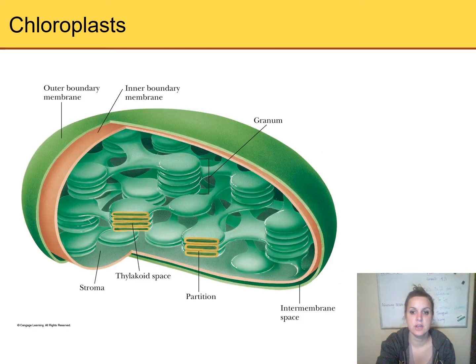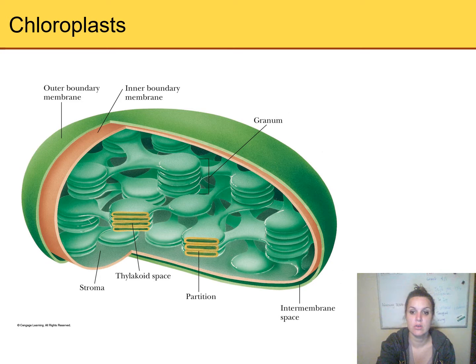So chloroplasts are interesting. They have a double membrane, a lot like mitochondria. They have an inner and outer membrane. But then they also have thylakoid discs, right? And this third set of membranes gets stacked in what's called grana.